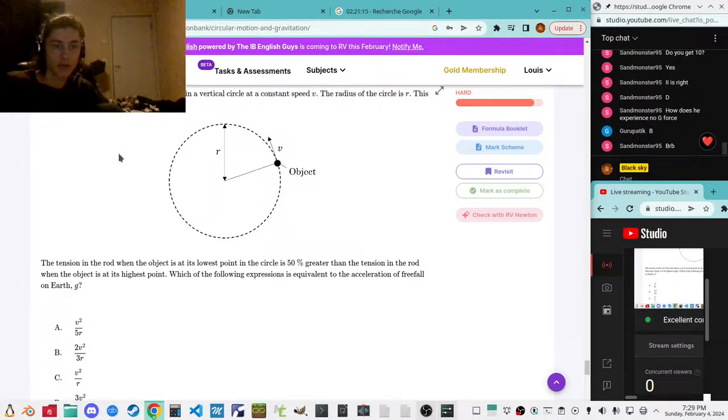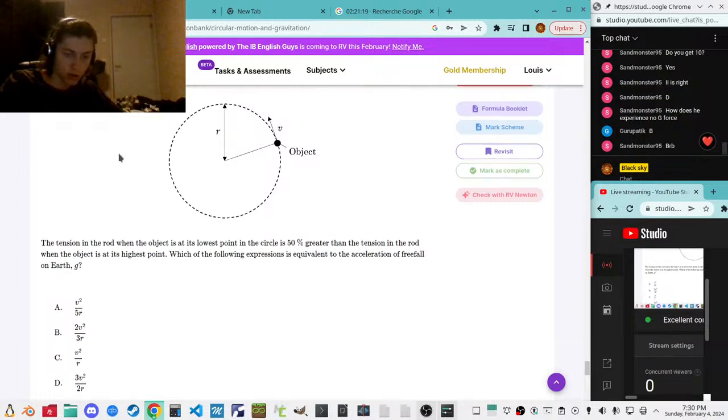This is illustrated in the diagram below. The tension in the rod when the object is at its lowest point in the circle is 50% greater than the tension in the rod when the object is at its highest point. Which of the following expressions is equivalent to the acceleration of free fall on Earth, g?